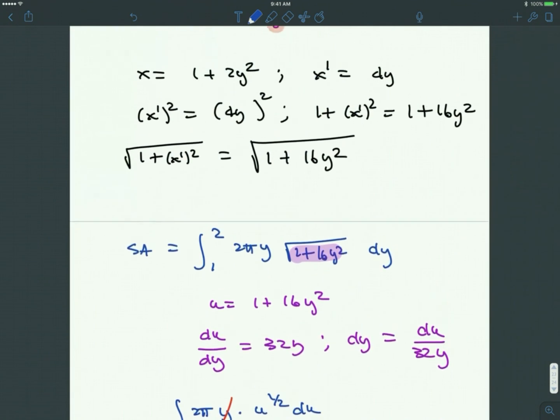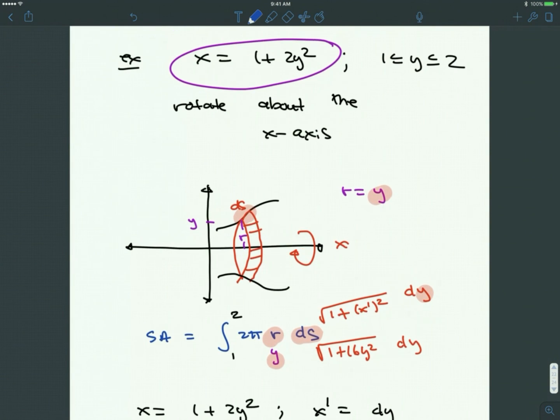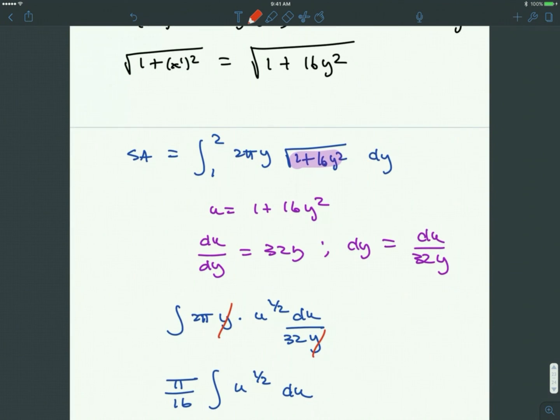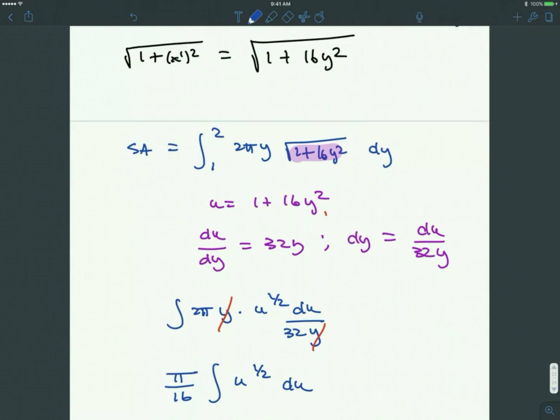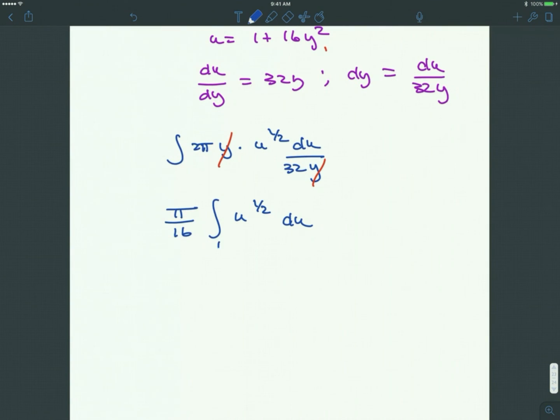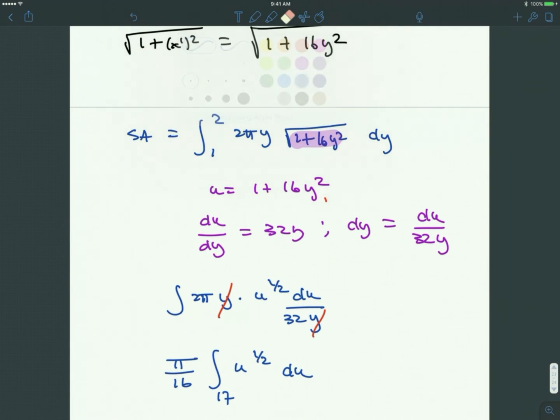Now let's remember here, let's be careful. The limits here are that y is 1 to 2. So I'm going to let y be 1 here, and that gives me a u value of 17. So that's my lower limit. If I let now y not be 1, let's let y be 2.